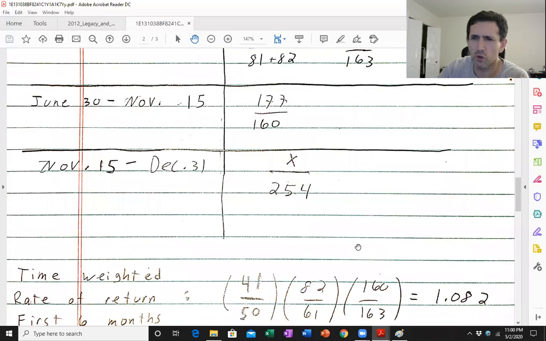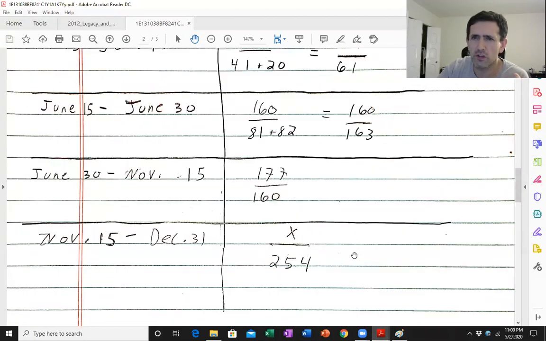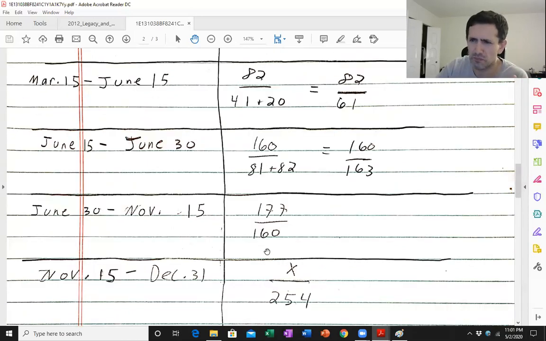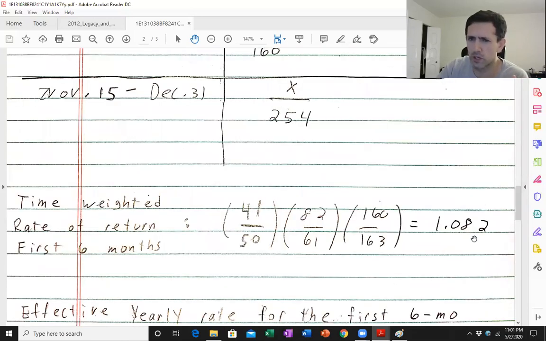Okay, so for the first 6 months, we just multiply these three together. The first 6 months, because again, January 1st to June 30th is the first 6 months. That gives you 1.082.